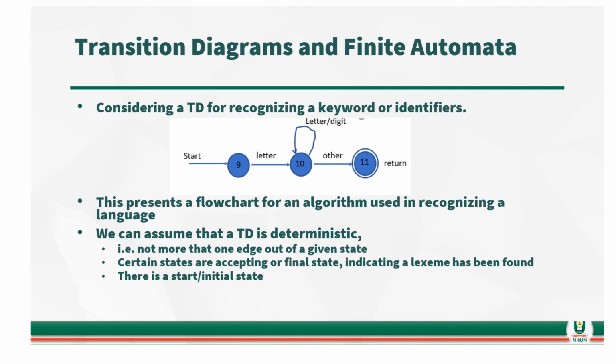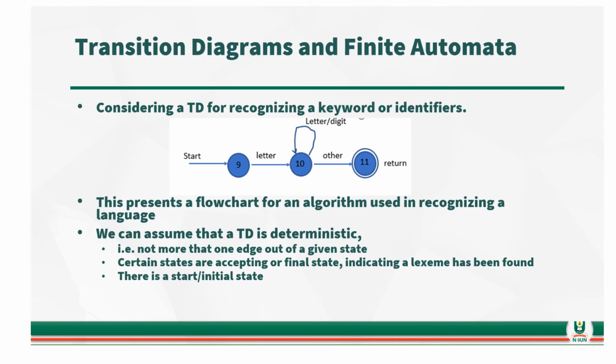And so considering this transition diagram, we will see that a transition diagram is a flowchart for an algorithm as it is used in recognizing any language. And so we can assume that the transition diagram is deterministic. That is, not more than one edge out of a given state at a time. We can also see that certain states are accepting or final states.